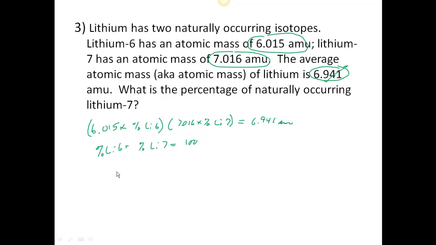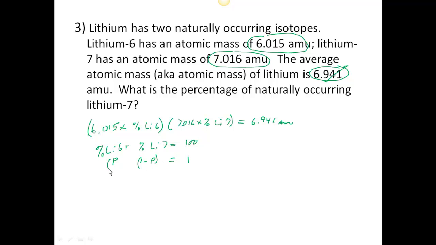So if I'm going to call this, let's call it P for percent, then my percent of lithium-6 plus this other percentage have to equal a total of 1. All right? So this is going to be 1 minus P.